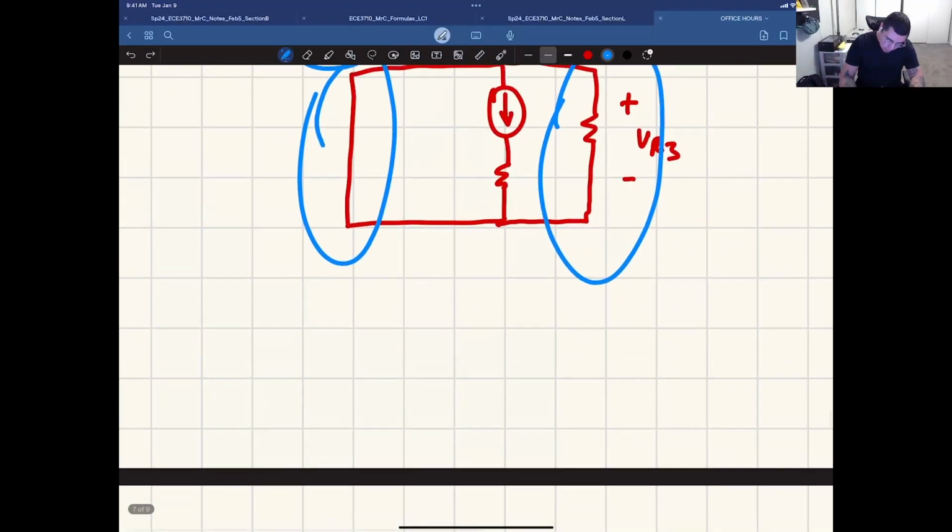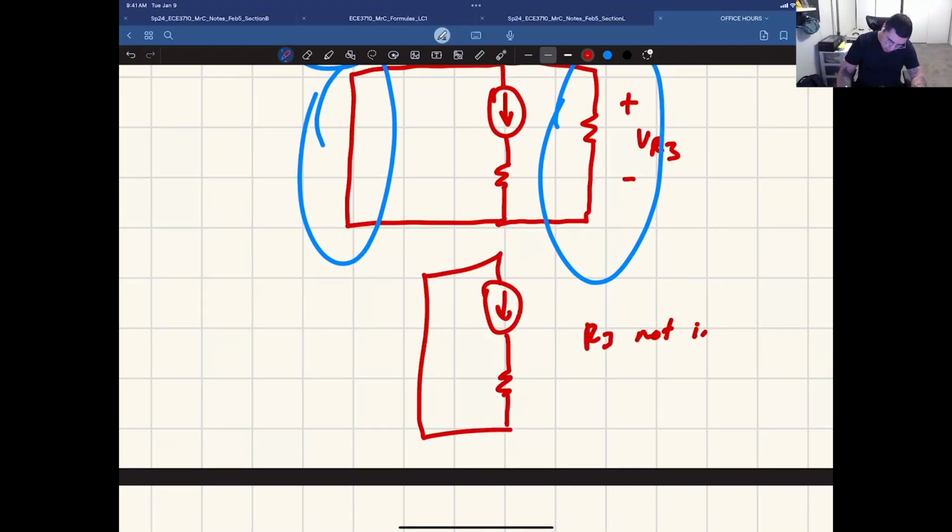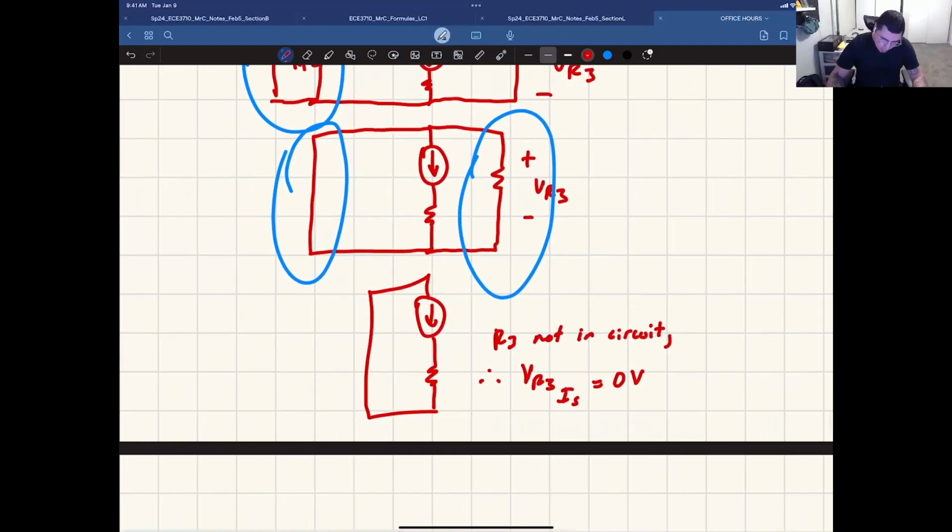So this circuit actually is none other than R3 not in circuit, therefore VR3 due to IS is equal to 0 volts. It wasn't the focus of my video, but thought I'd show you that.